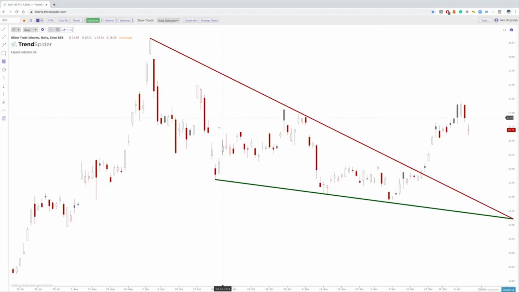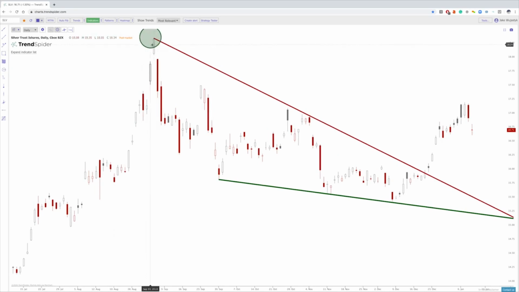So you can see here, every time we move to these areas, here's 1, 2, 3, 4. You can see how it's coiling here. We didn't actually get to this area here, but we retested it and then finally broke out.